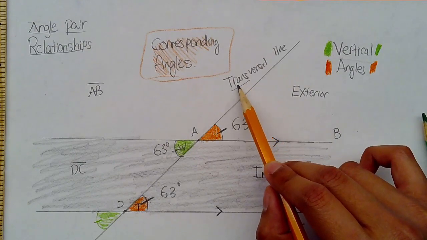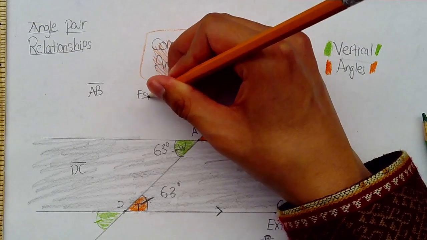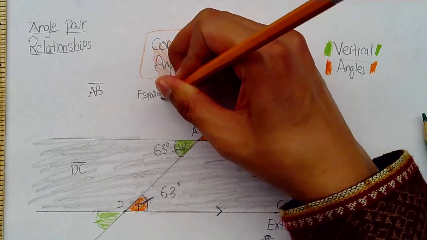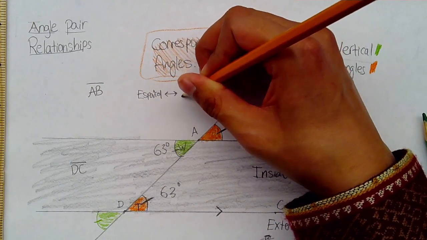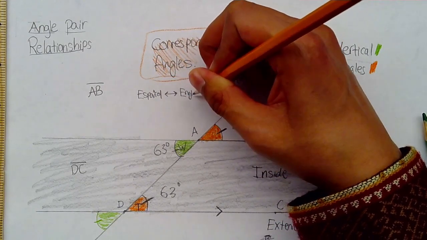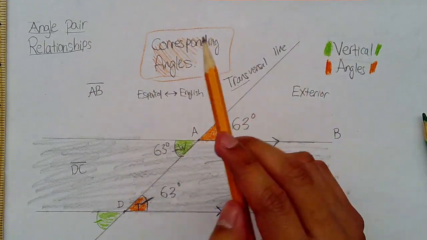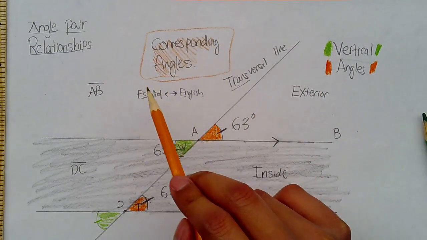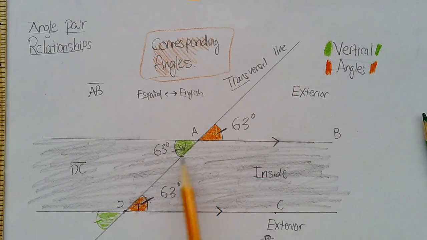One example could be translating from Spanish all the way to English and vice versa. If you are translating between these two languages, you're taking a message from one across the other. And so a transversal line travels across two parallel lines.